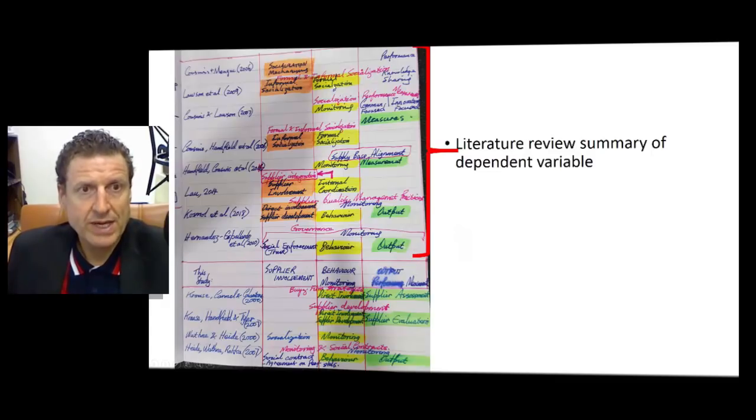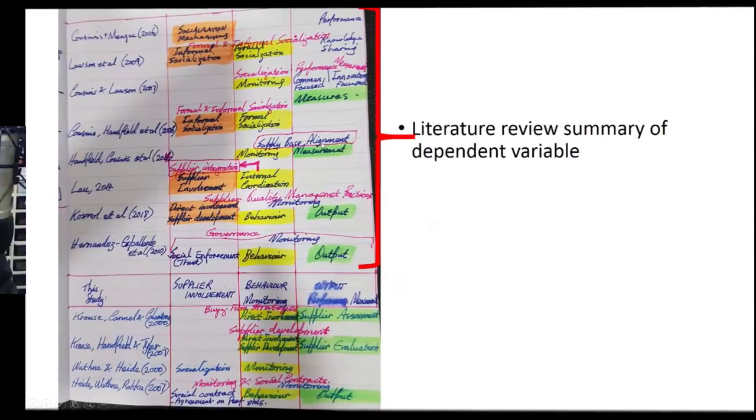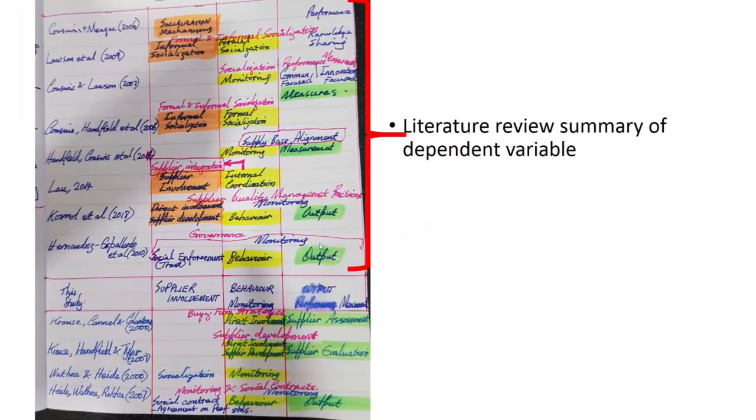As you can see, we can start to see the orange representing a very socialization or relational type approach to control, whereas they're monitoring formal socialization becoming more like a hands-on behavior type control. And then we've got the measures in green, which is kind of like more of an output control, as Cosmo et al. 2018 split their monitoring into behavior and output, and then Hernandez et al. looked at monitoring broken up into behavior and output as well.